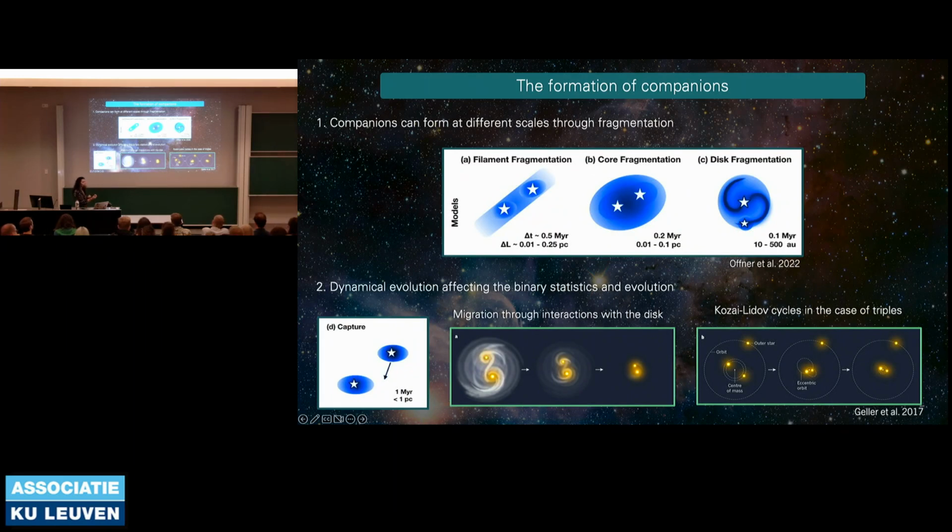Once companions are formed in the disk, a companion can migrate, and it can also change the binary statistics and parameters. Also, quasi Lidov-Kozai cycles can happen in the case of triples, usually highly eccentric systems, and this is also really prone to affect the binary statistics.